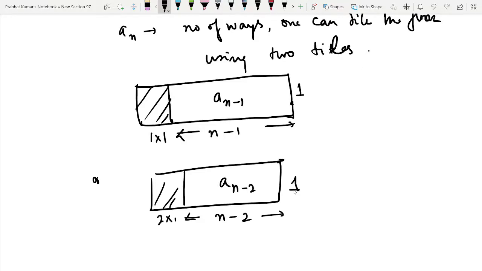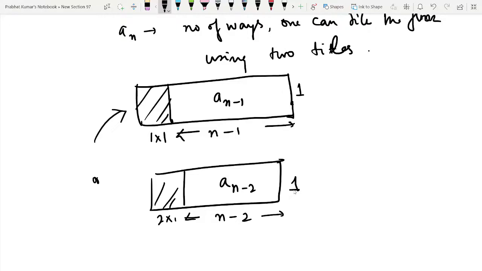So when you are filling the n cross 1 rectangular space, you can first place a 1 cross 1 tile here and then fill the rest of the space, or first put a 2 cross 1 tile here and then fill the rest of the space.